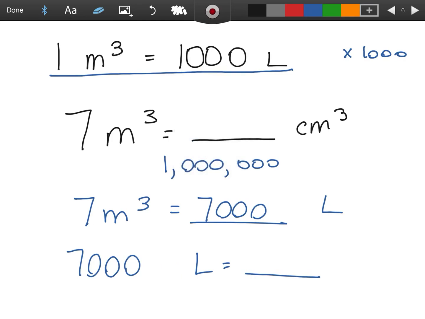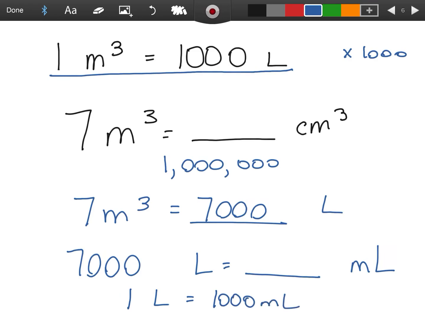And then we can switch that over into milliliters. And we know that 1 liter is the same as 1,000 milliliters.